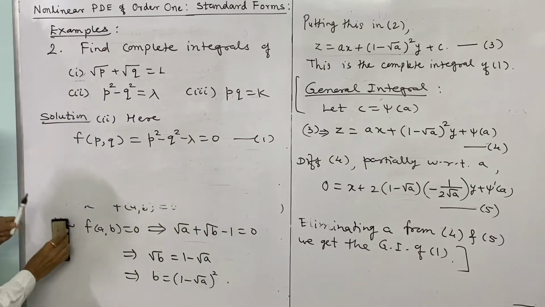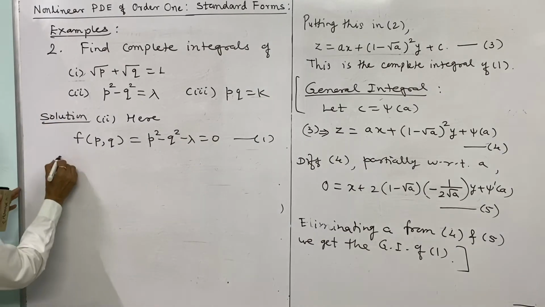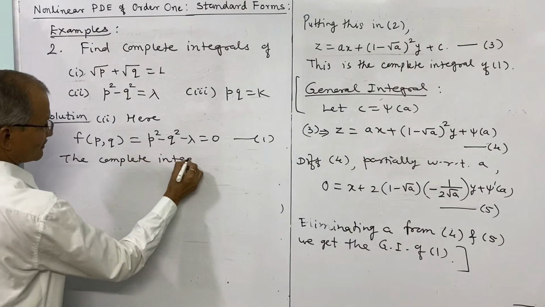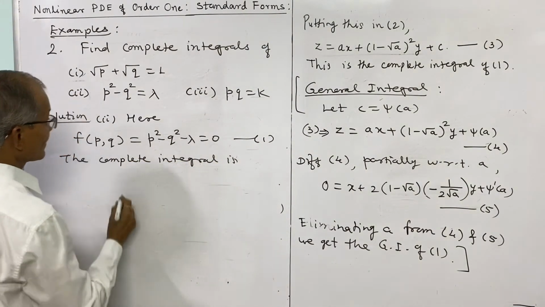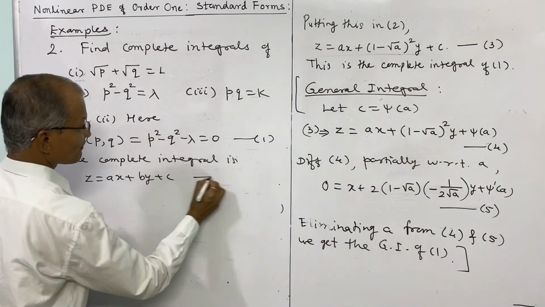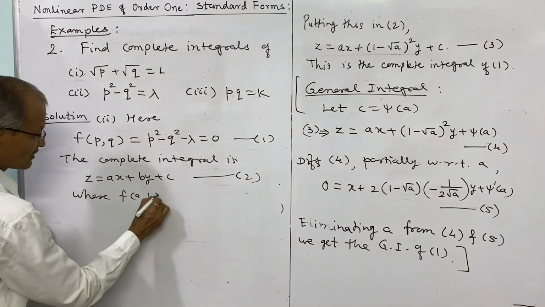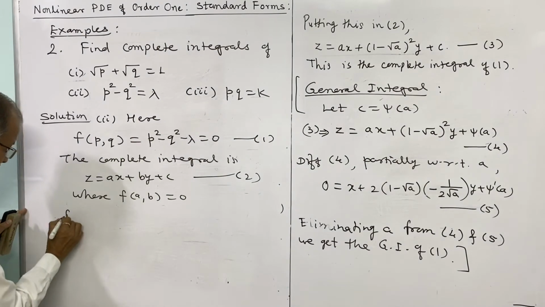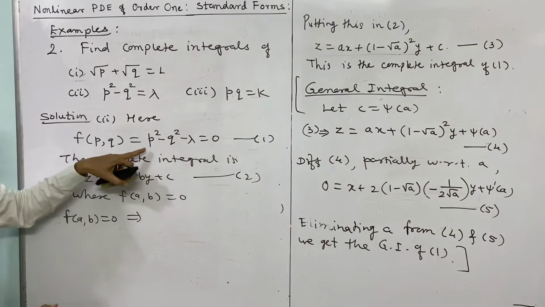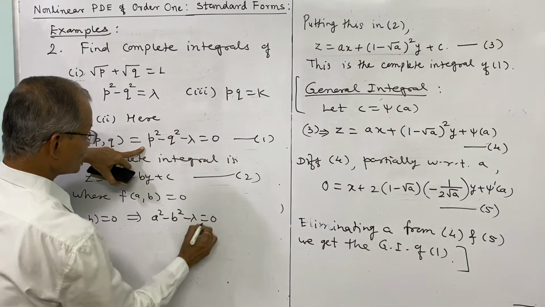So the complete integral is z is a into x plus b into y plus c, where f of a and b is 0, which implies, from 1, a square minus b square minus lambda is equal to 0.